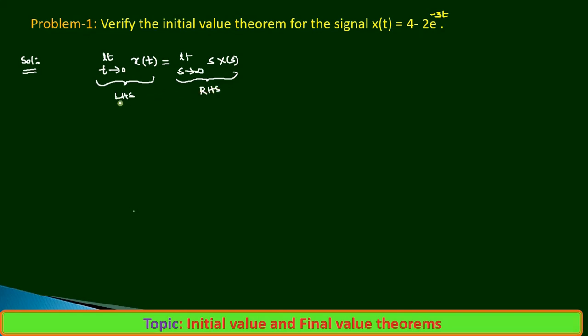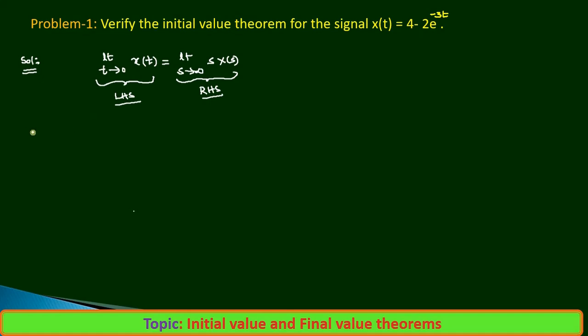We find the value of LHS first, then the RHS, and finally we compare the two values. If they are equal, the initial value theorem is verified for the given signal x(t). If they are not equal, the theorem is not verified for the particular signal x(t).